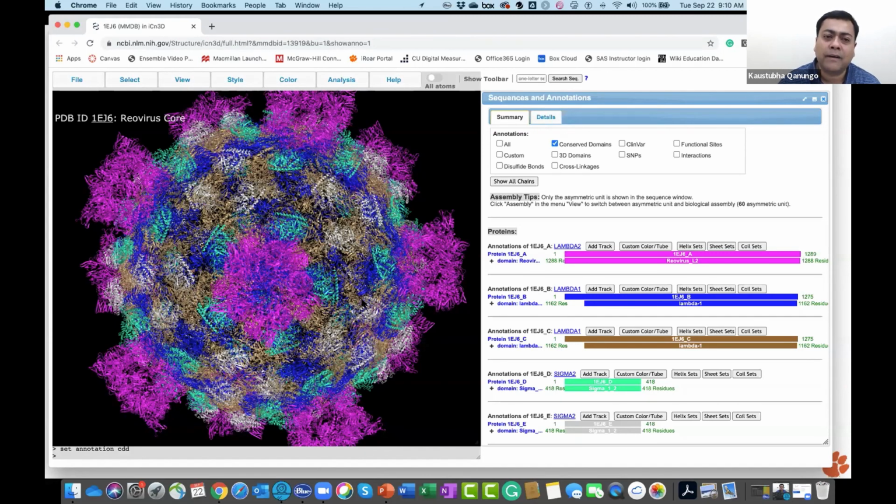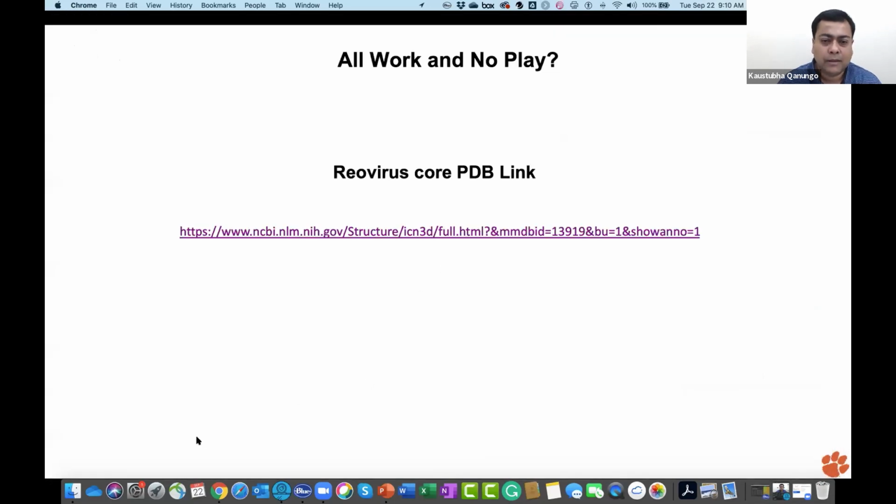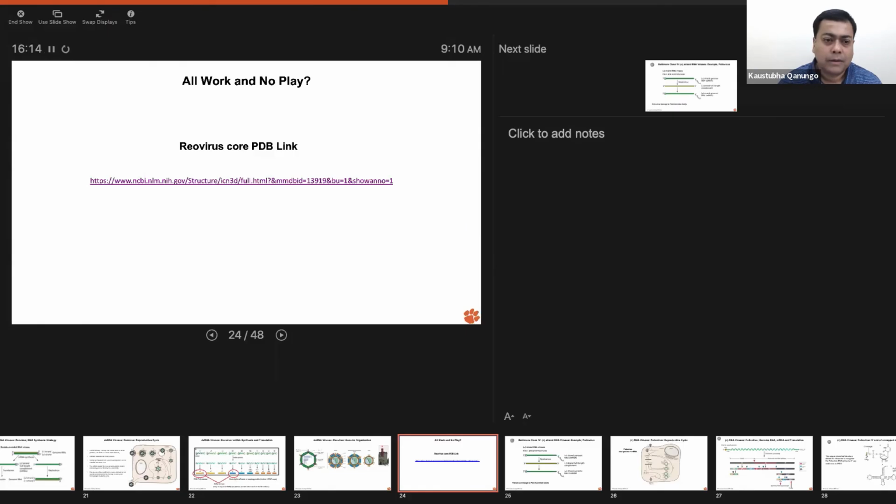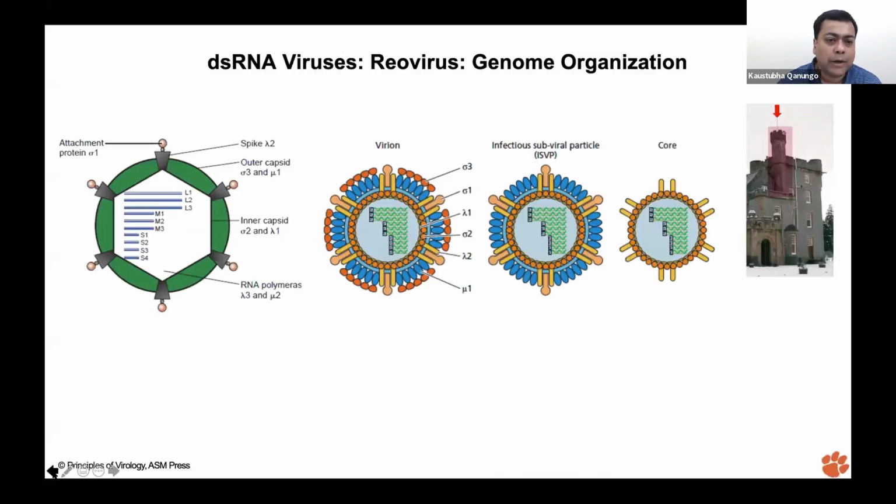Let's go back. You can easily see 1, 2, 3, 4, 5, 6, 7, 8, 9, 10. So you have 2 extra, but under each vertex there is one of these double-stranded RNAs attached.